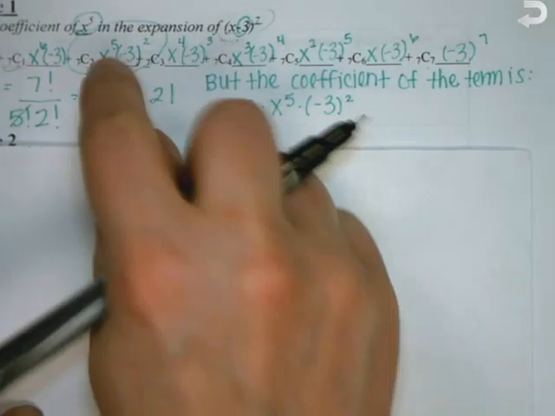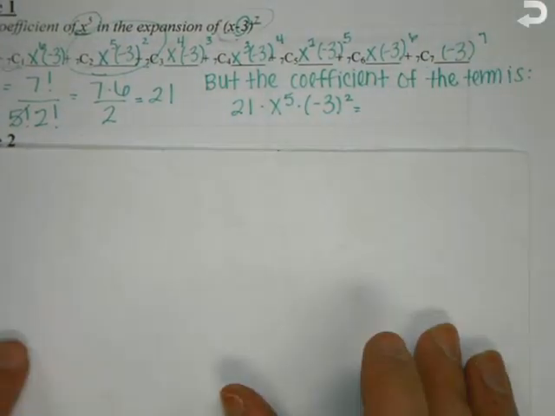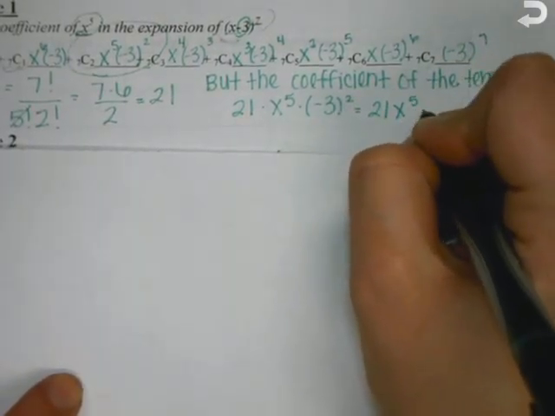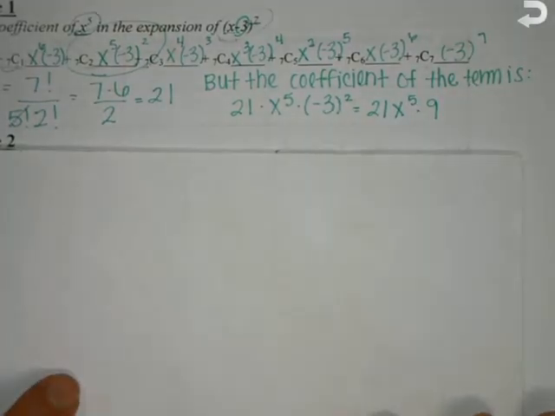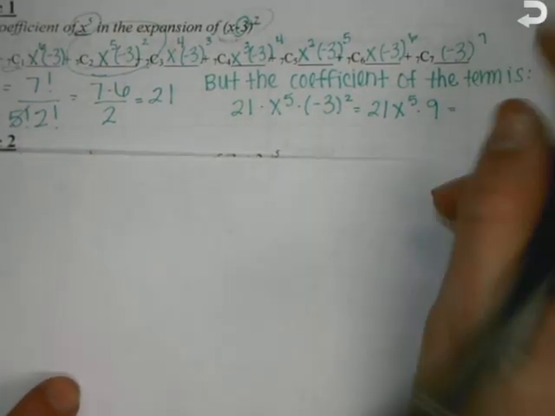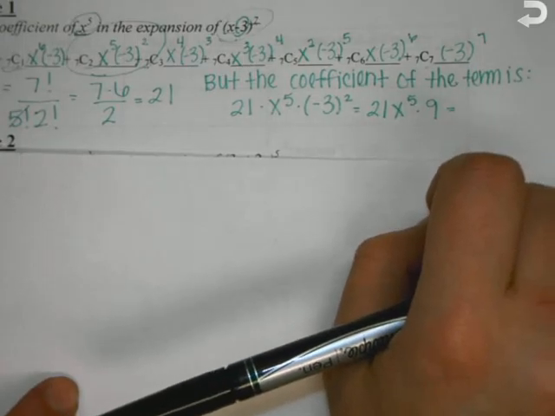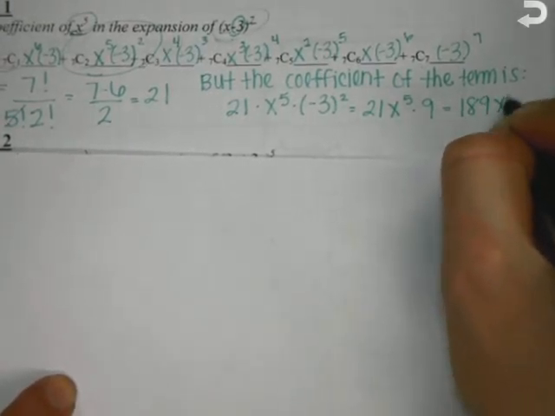which is going to give me what? 21 x to the 5th times positive 9. What's 21 times 9? 189. So my entire term is 189 x to the 5th. They just want the coefficient, so what's my answer going to be?